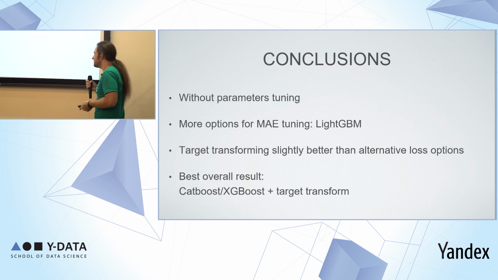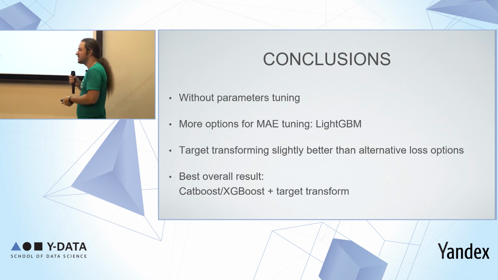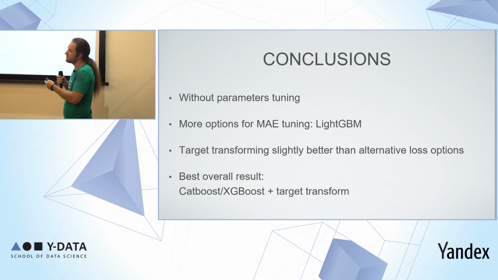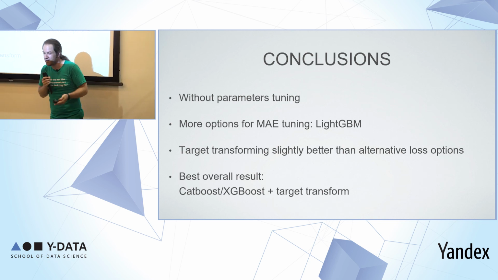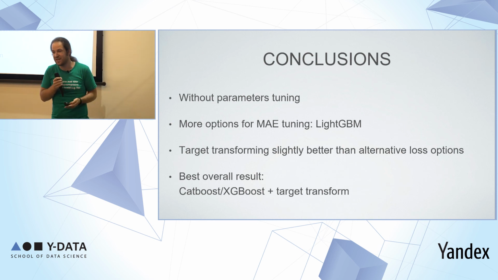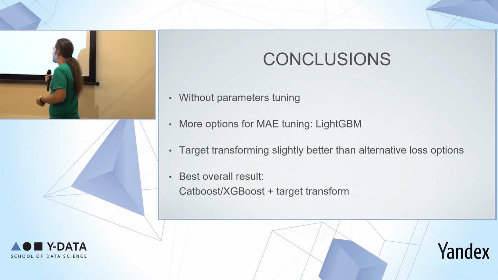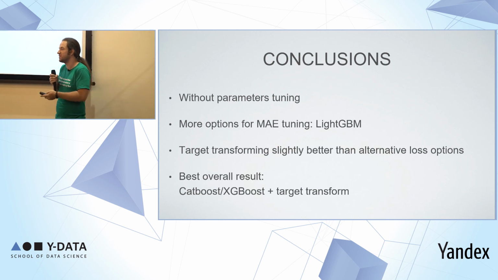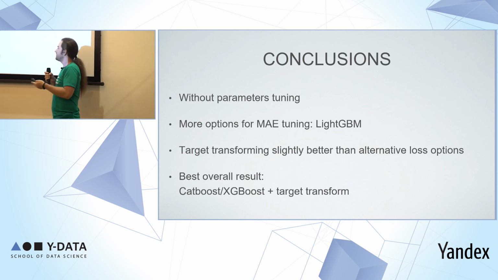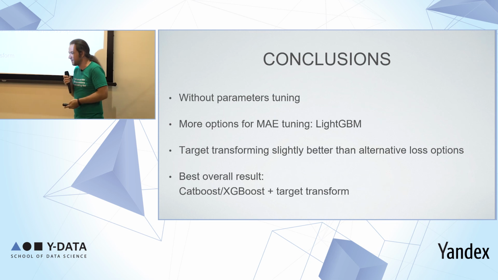I have some conclusions on this. Just to summarize: first of all, this benchmark was done almost without any parameter tuning, besides changing the learning rate to have a reasonable time. I would say that we have more options for tuning in LightGBM. Almost all of the metrics which are used anywhere for tuning are presented in LightGBM.